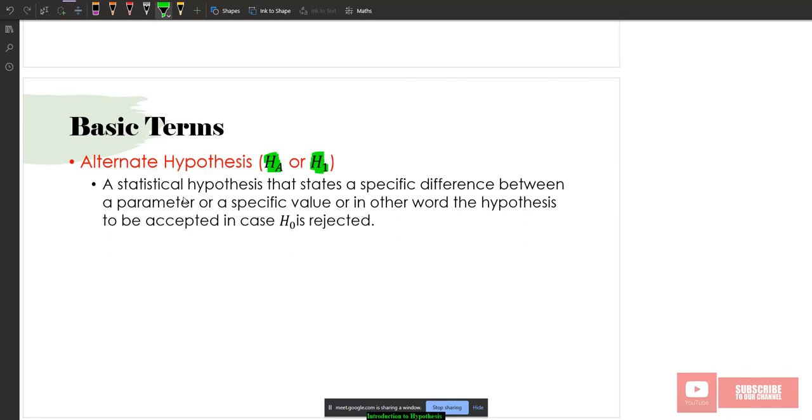Sometimes in old books, some books will use HA, some books will use H1. It is a statistical hypothesis that states a specific difference between a parameter and a specific value. In other words, it is the hypothesis to be accepted in case the null hypothesis is rejected.